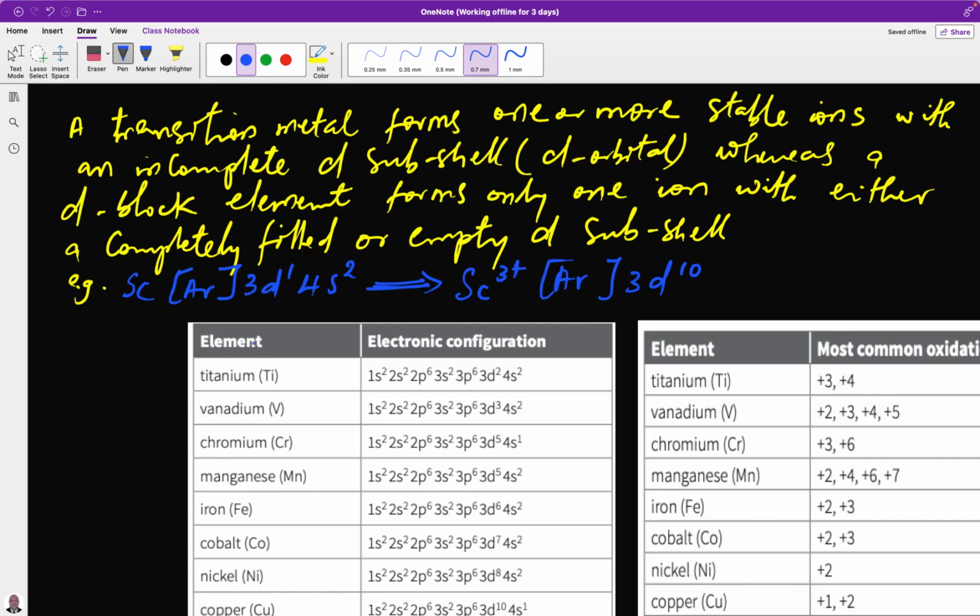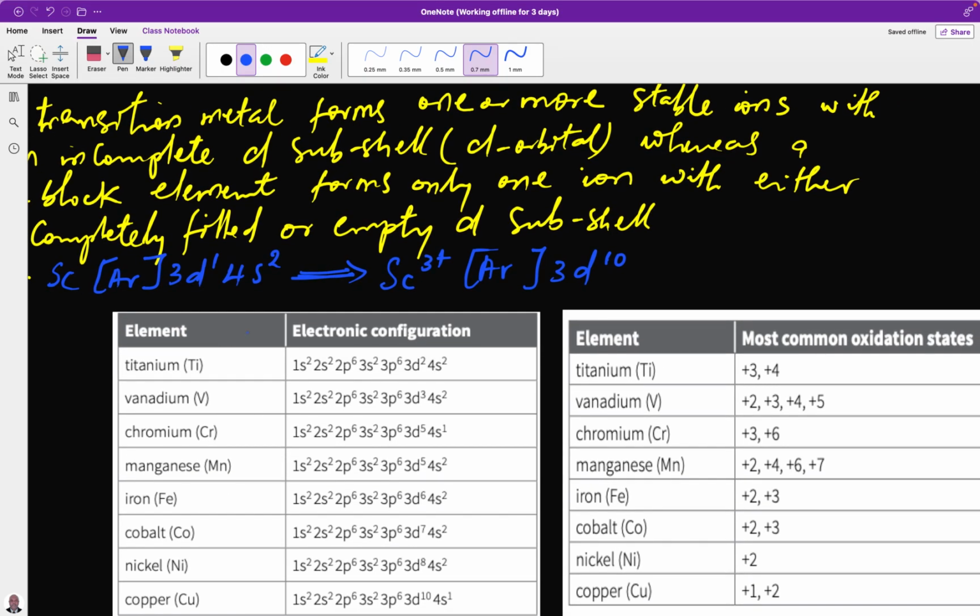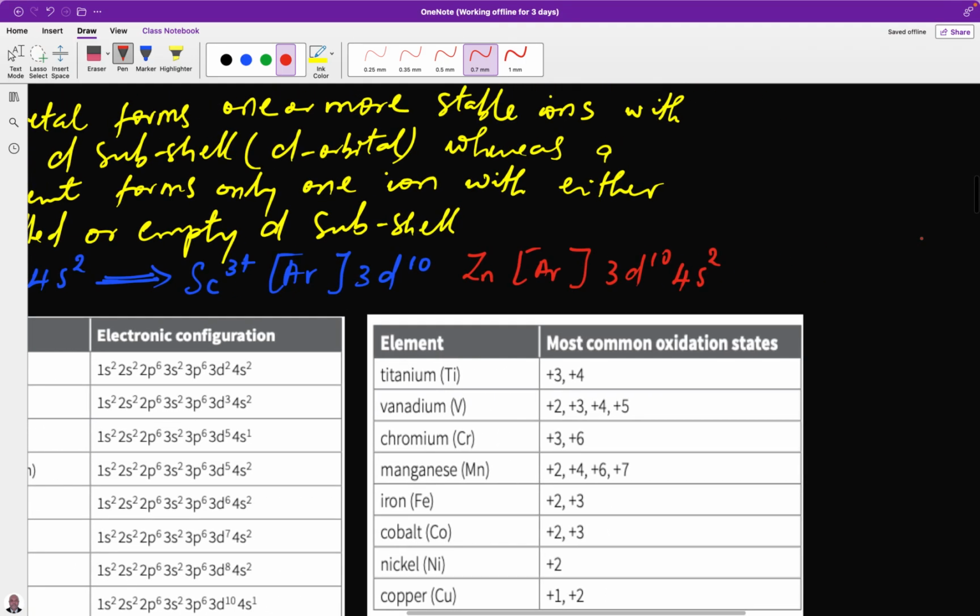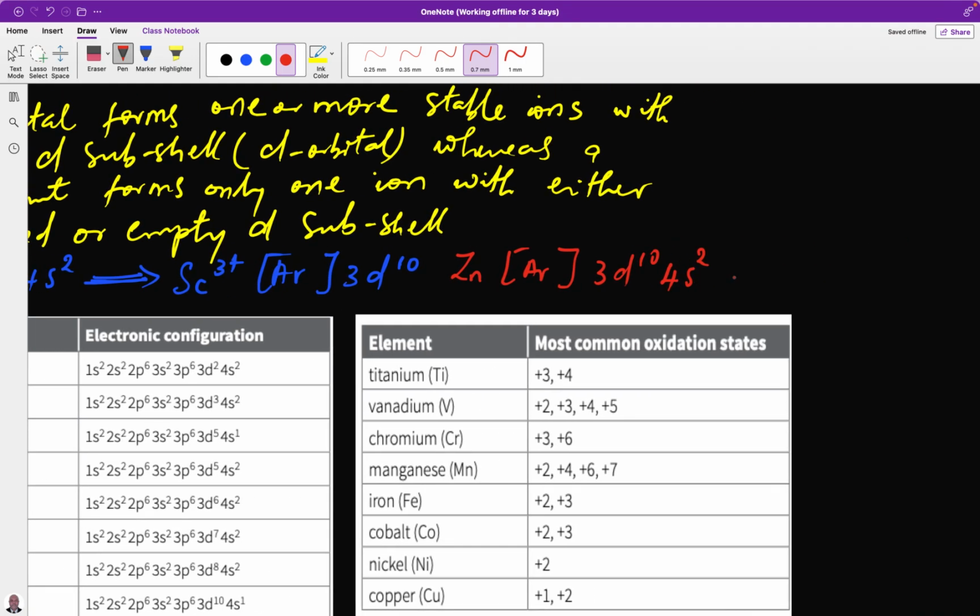In the case of zinc, zinc has an electronic configuration of argon with 3d10 and 4s2. So now when zinc forms an ion, all the 4s electrons are lost.